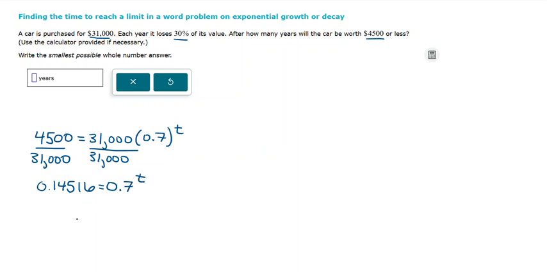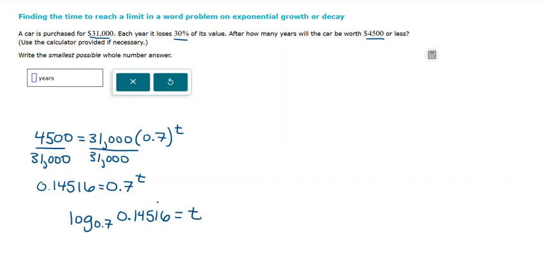Now, to find t, I'm going to rewrite this as a log. So it's log, the base of the log is what the power is attached to, so that's 0.7. And then the answer in exponential form comes next. So that's 0.14516, and it equals the power, which is t.